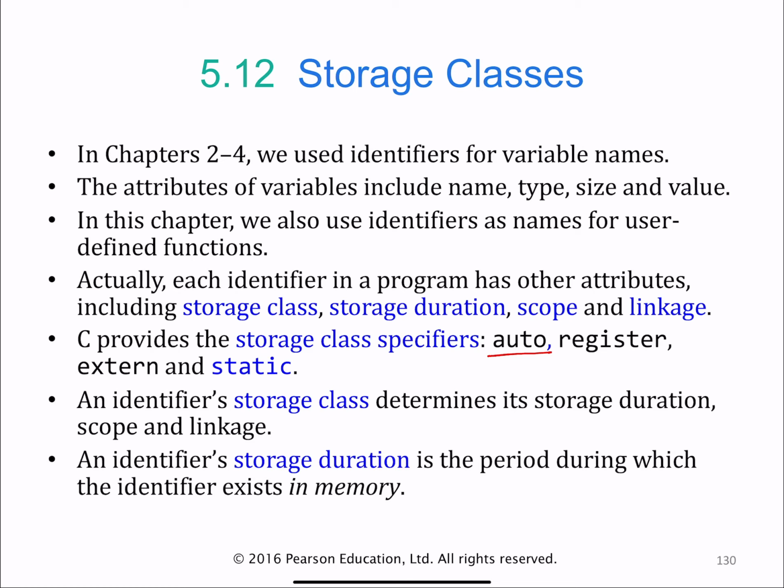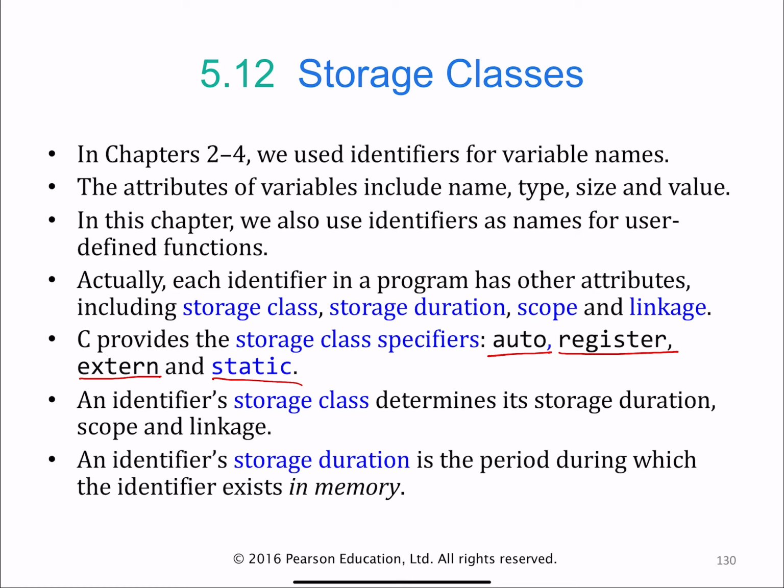It says auto or automatic over there. Another type of storage class is register. We haven't used this one and we will not in this course. A new one that we haven't used so far is extern, short for external. And finally, static, another one that we haven't used yet, but we will today.